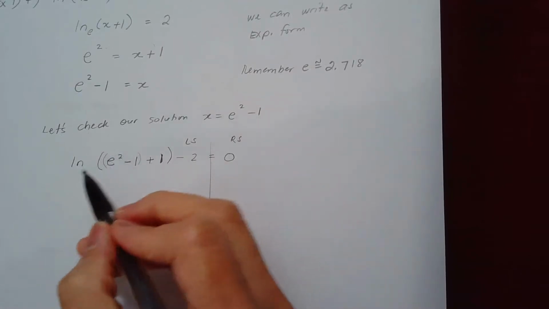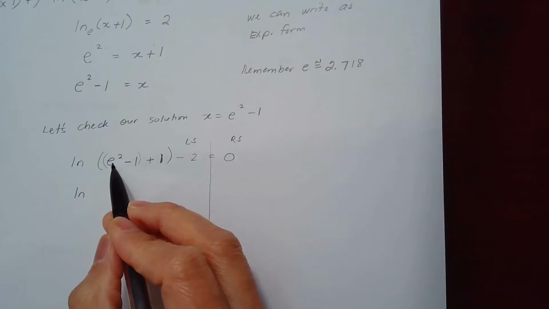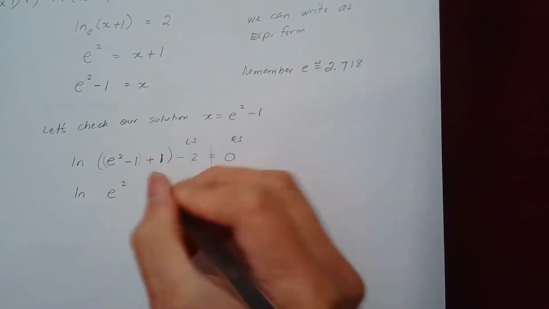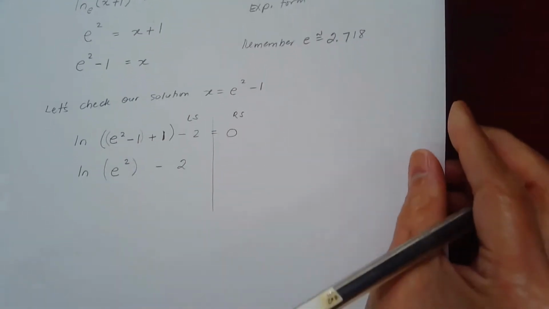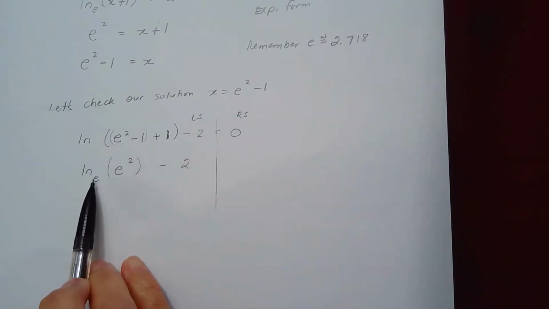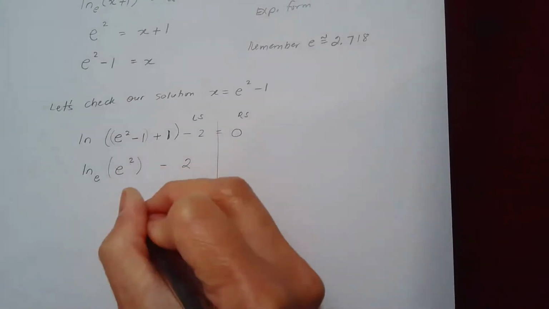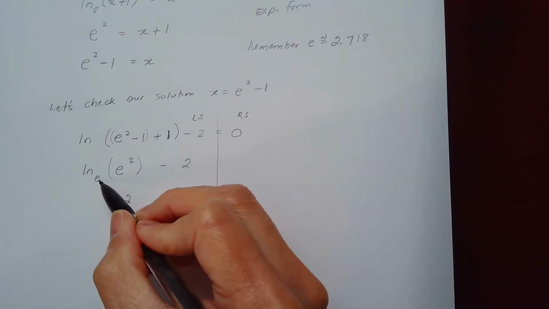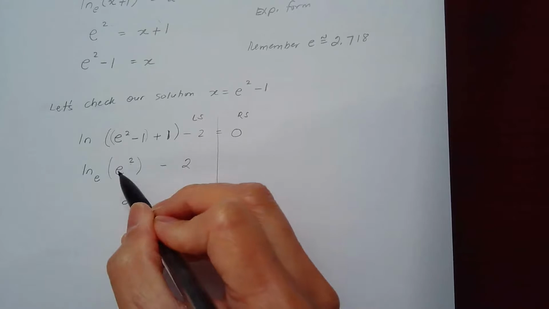So let's see here. Natural log, we can simplify this: e squared minus 1 plus 1. So that's natural log of e squared minus 2. And remember, this is operating in base e. So what exponent do I need to apply to e to get e squared?